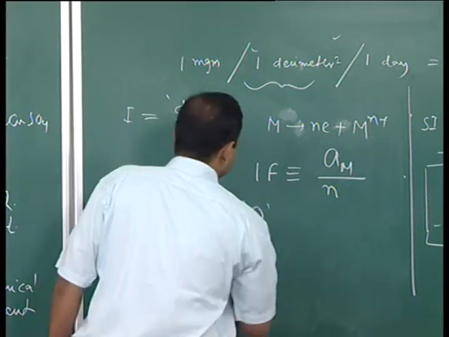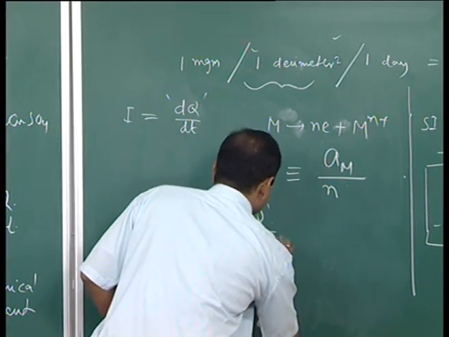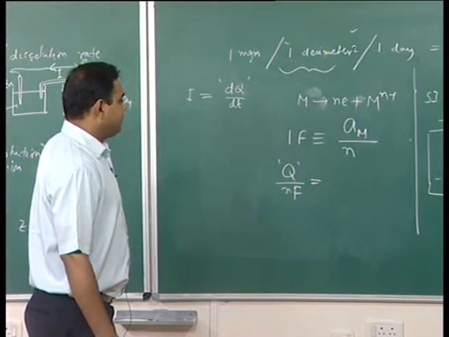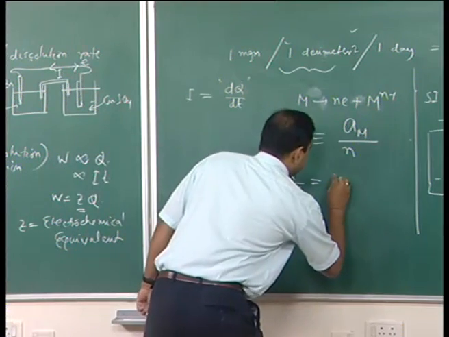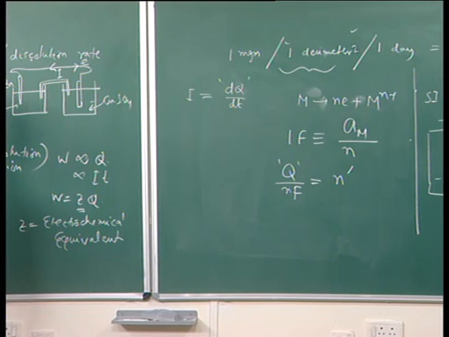If q is the charge, then q by Nf would give me the number of moles. Let me put n dash to be the number of moles that would be released in the form of metal M^(n+) ion.